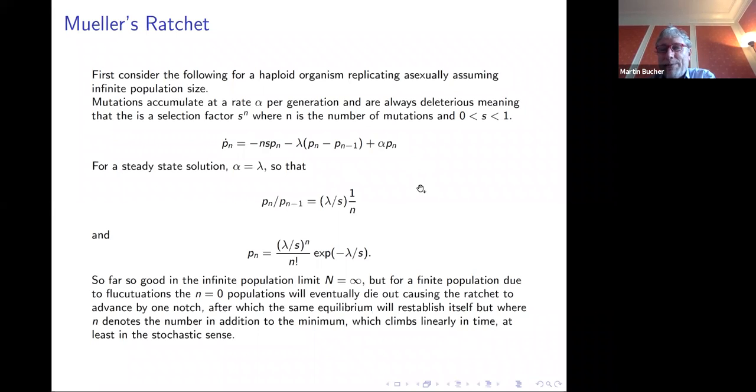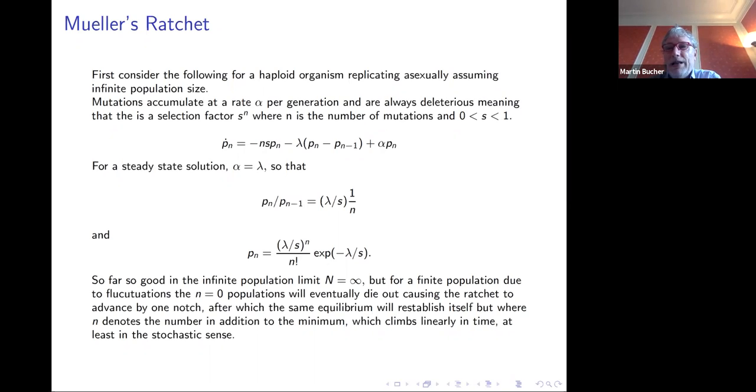I guess I could have put this on the other side, and you get a sort of Poissonian distribution for the number of mutations you have. So this sort of makes sense that it's the ratio: how fast are the deleterious mutations being added, and that's attenuated by how fast they are being selected against.